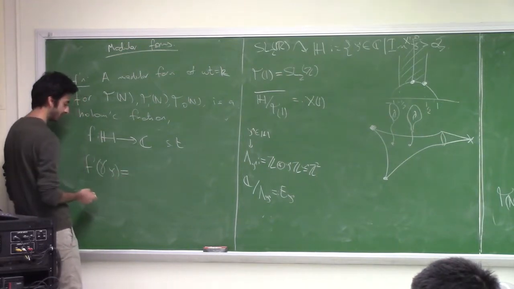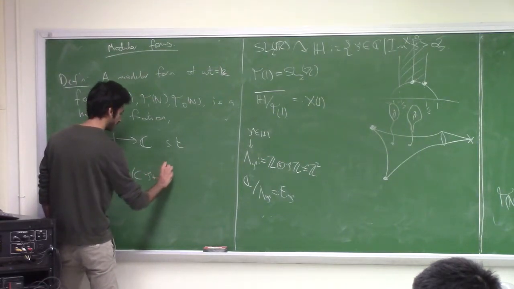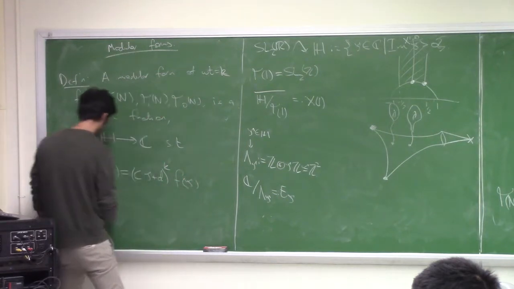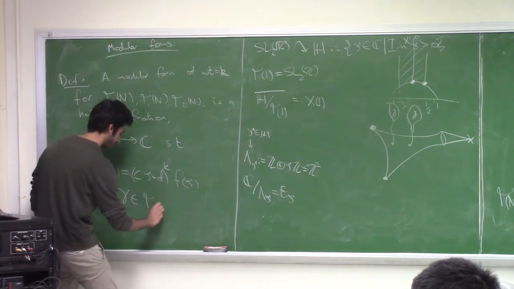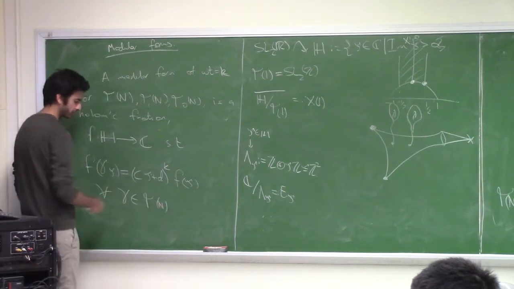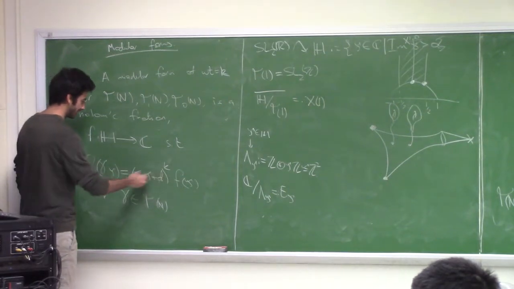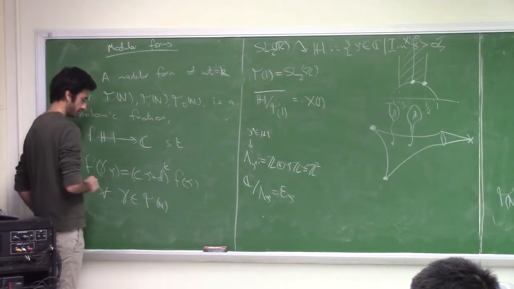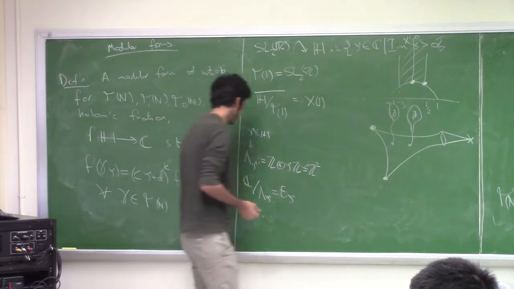is not completely invariant, but rather c tau plus d to the power k, this is the weight, times f tau, for all gamma in whatever group you're looking at. So this is just this little thing that makes all the difference, that it has to be invariant in this way and not completely invariant.